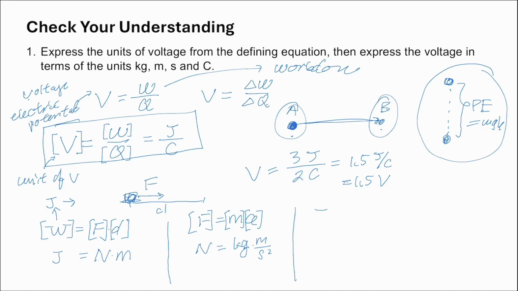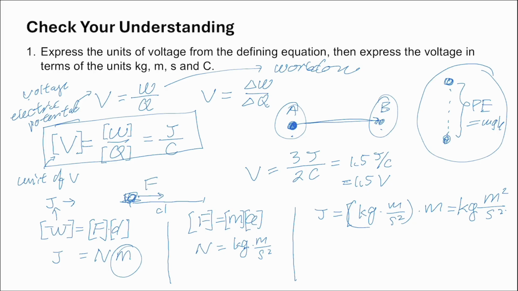Joule is Newton meter, and Newton is kg meter per second square, multiplied by meter. So the joule can be expressed as kilogram meter square over second square.